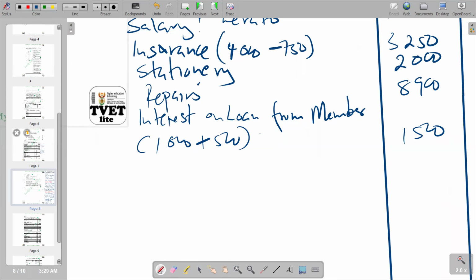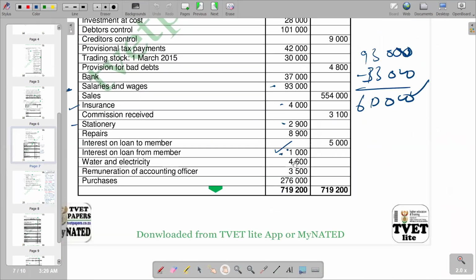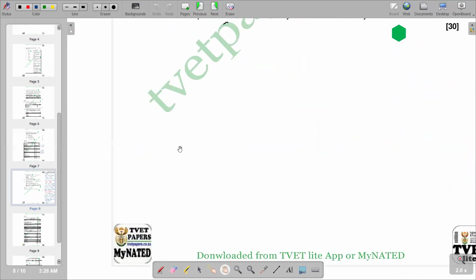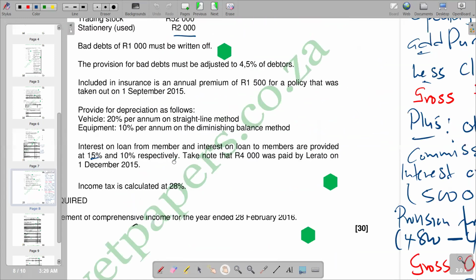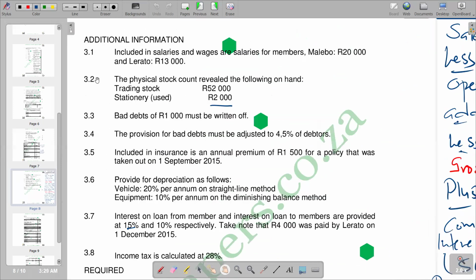We go to the next part, whereby after interest on loan from member, we've got water and electricity 4,600. Then we check the additional information. If we have an adjustment which is affecting water and electricity, of course you have to go through every adjustment, from the beginning going down to the end. We see that we've got nothing.